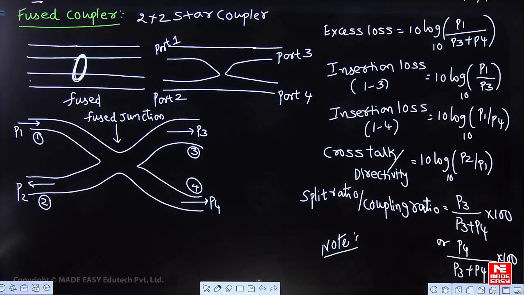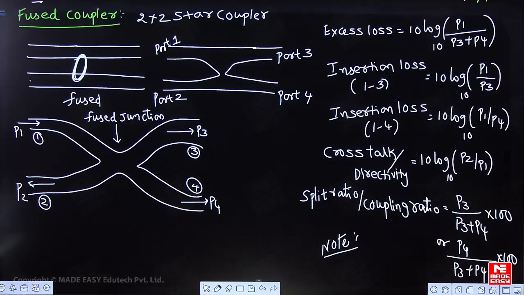The excess loss is defined as the ratio of power input to total power output. Right.